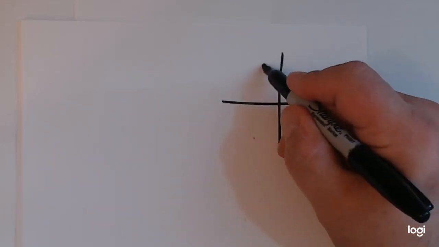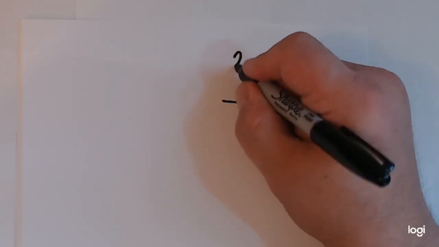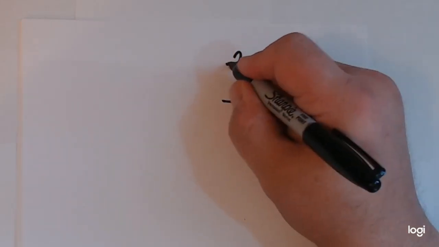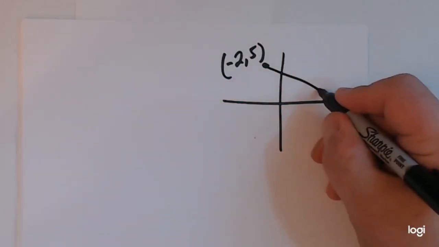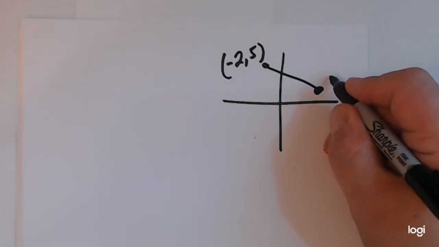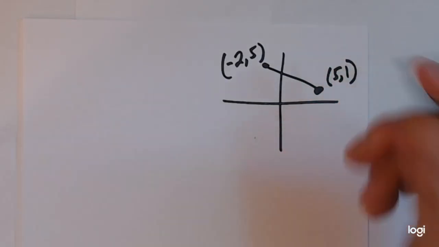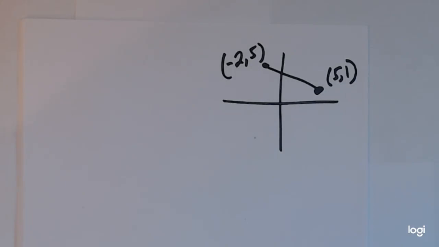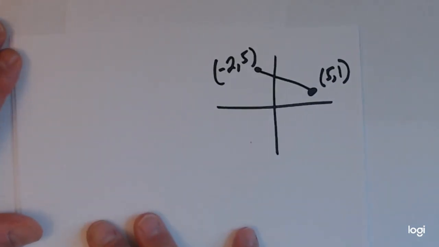So let's take a point. Let's call this will be our last problem. -2, 5, and we'll go over to here. We'll call this 5, 1. Okay, let's make this our last problem.